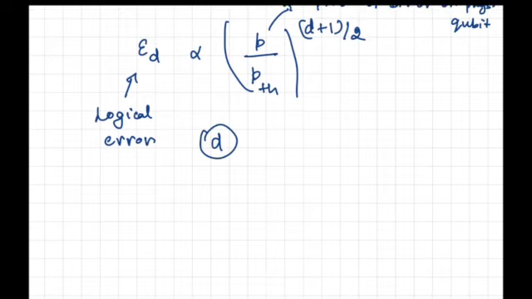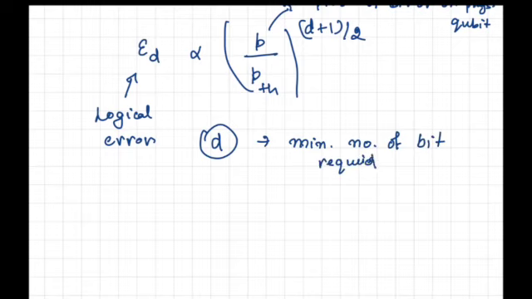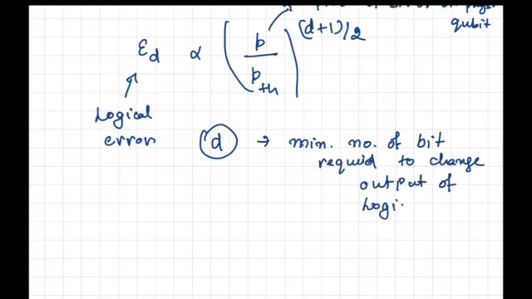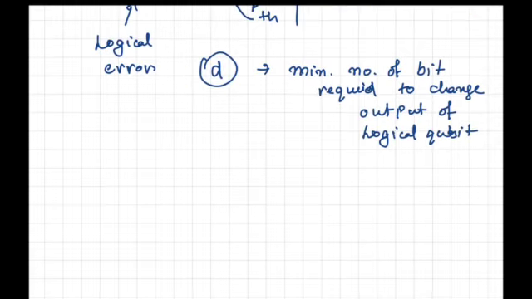What D is, as I say, is the minimum number of bits required to change the output of a logical qubit. In classical terms I will think about a bit, otherwise I will think about a qubit, but most of the message remains the same.